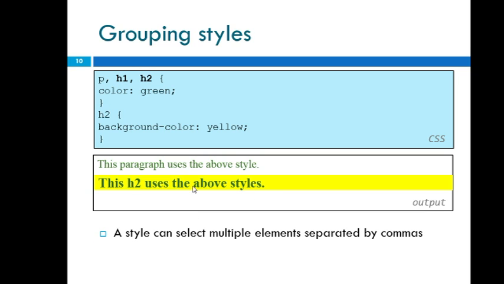This is an H2, it has a background color of yellow. Okay, so while applying a style, you can use multiple HTML elements separated by a comma, and each individual element can apply a different style.